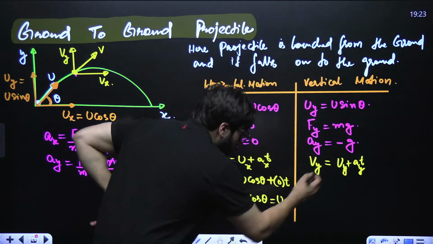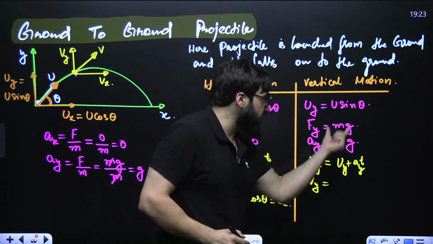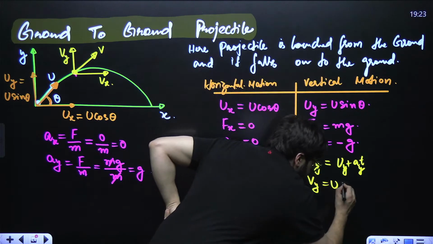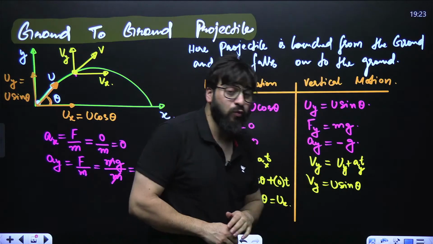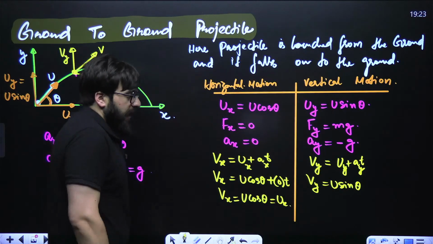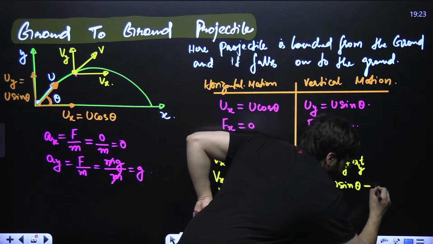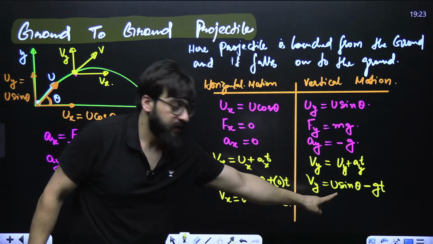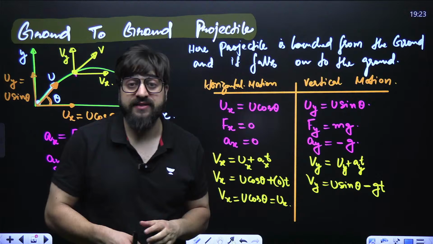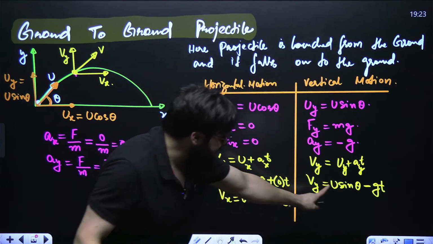So I can say over here, vy is equal to initial velocity in y direction, that is u sine theta. Now acceleration in y direction is how much? That is minus g. So I'll write over here minus g into t. Guys, see, this gives us the indication that velocity in y direction decreases.